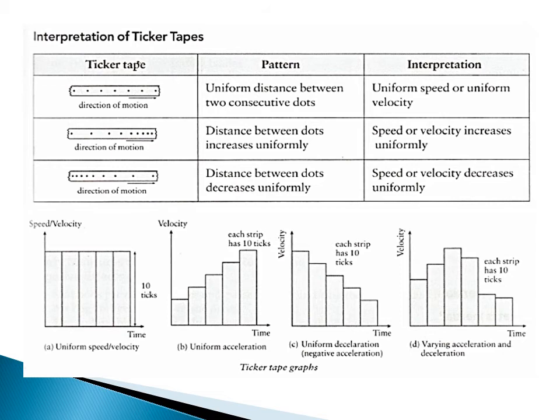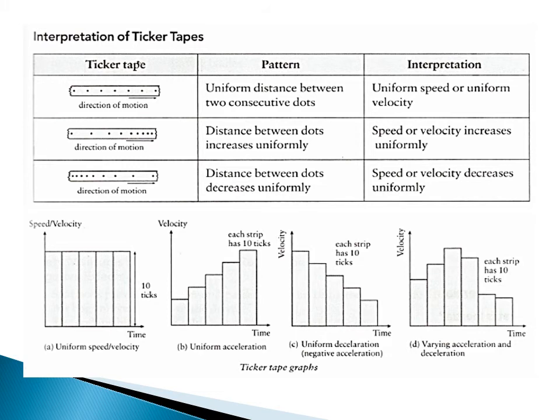So when you see the pattern with dots of the same spacing, it means the speed or the velocity of the moving body is the same. There is no acceleration. Okay, for number 2, you look at the tape from a far distance between two dots to a short distance between two dots.